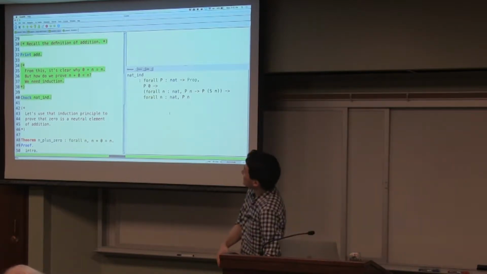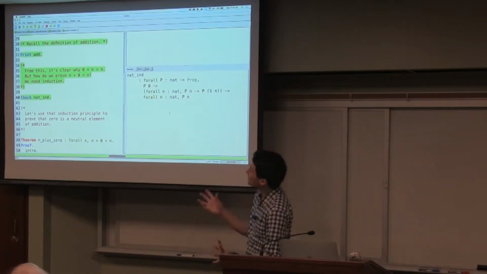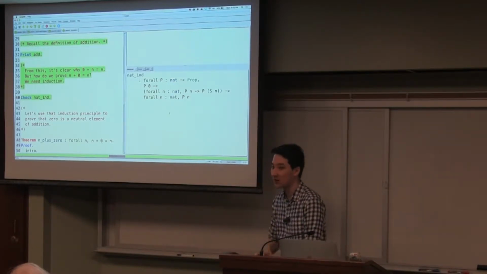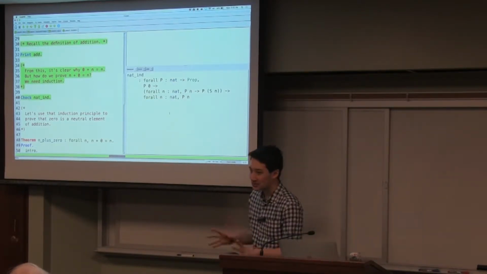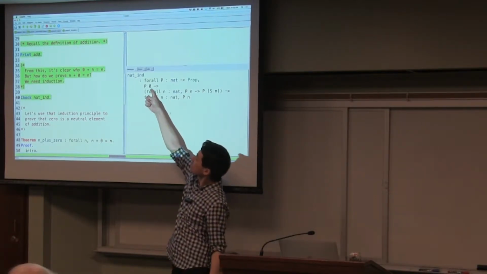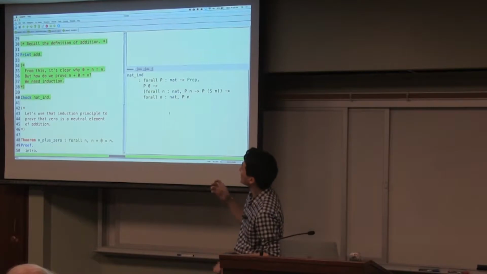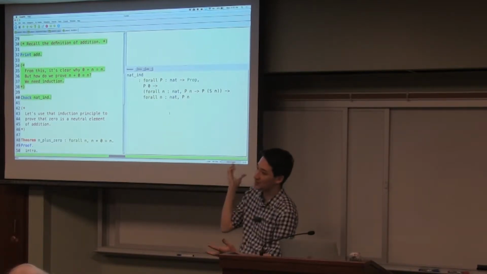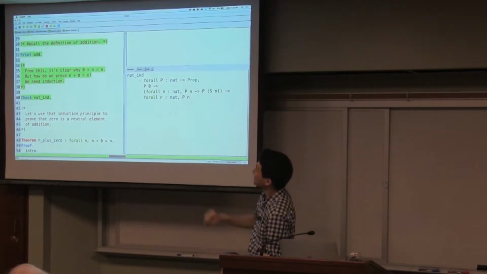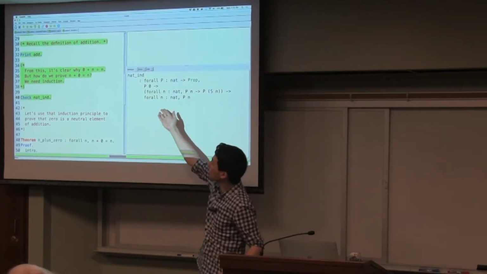What this is saying is, if I want to prove that some predicate p is true for all natural numbers, I can do it by doing this: if I can show that it's true for 0, and if I can show that, assuming it's true for some arbitrary n, I can prove it for n plus 1, that's the successor of n, then I can conclude it's true for all n.